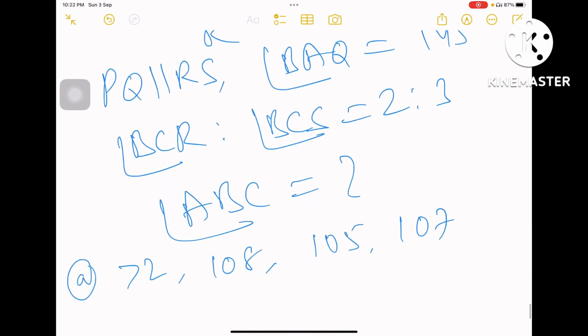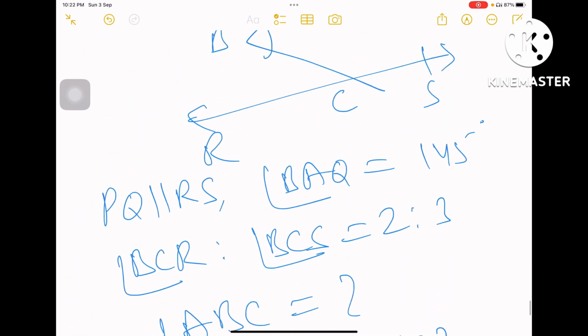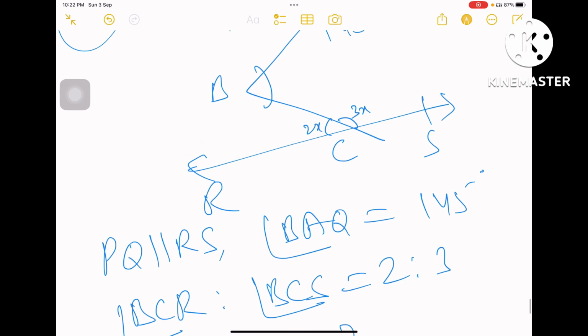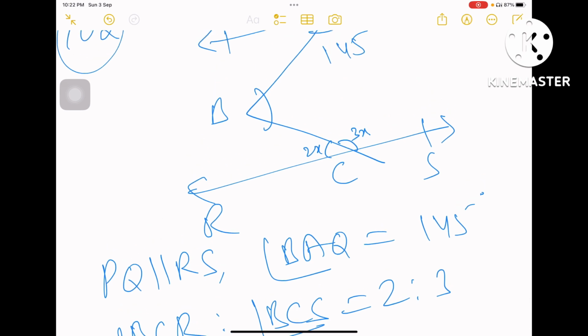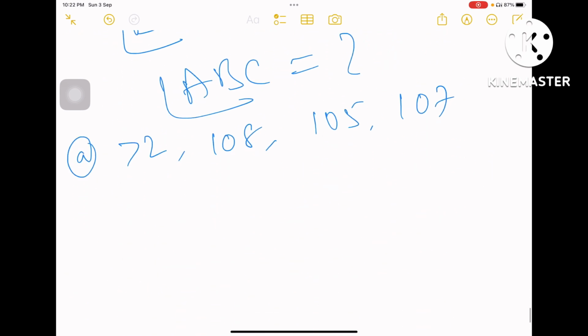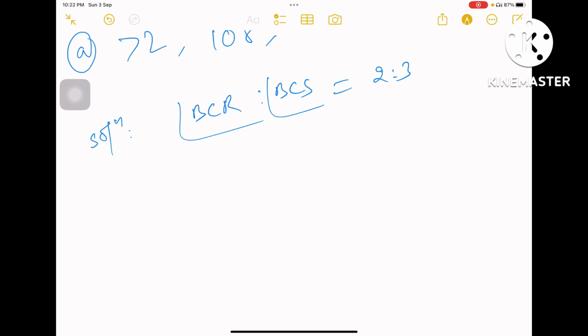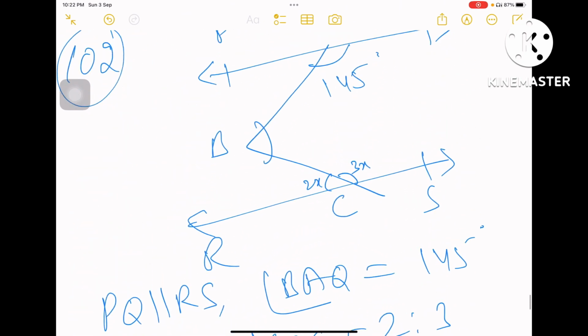It means BCR is 2x, BCS is 3x, 2 plus 3, 5x. 5x is equal to 180 because they are forming a linear pair here.